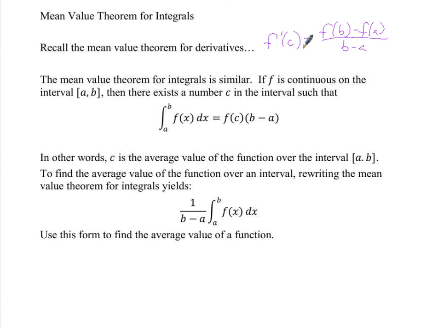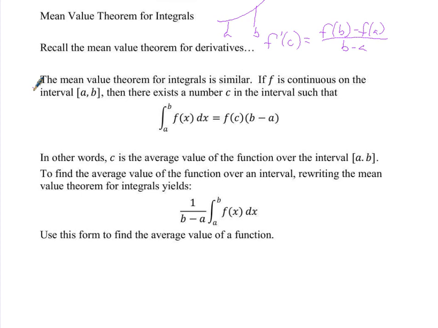So this is the tangent line over the interval at some value C. This is the secant line. So if I draw just this and I go from A to B, here's my secant line right here. Somewhere on the interval there's going to be a slope that matches the slope of the secant line. That's what this says. Okay?